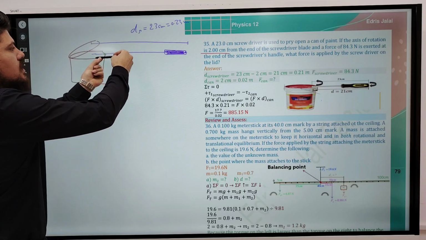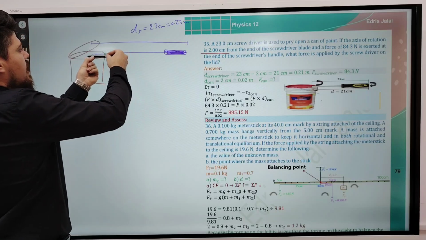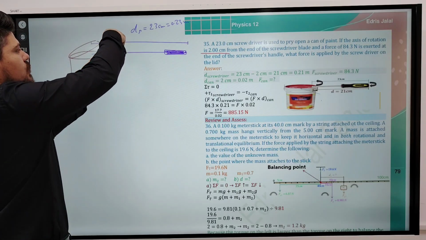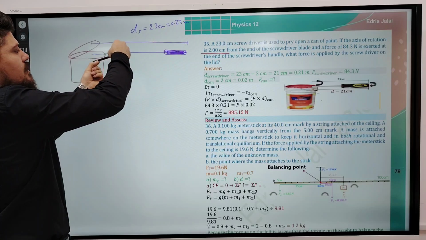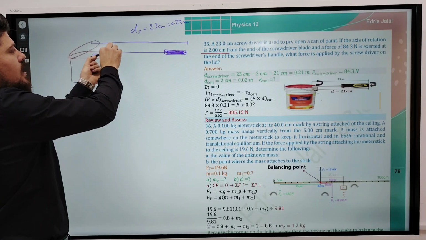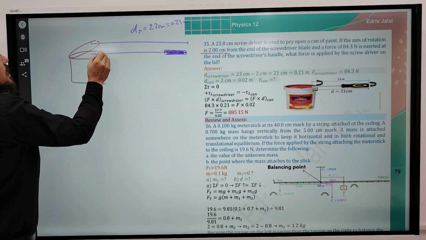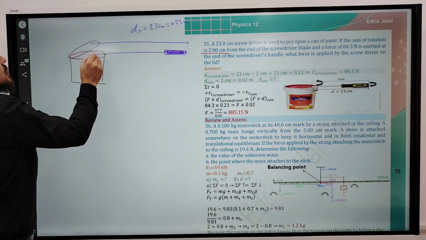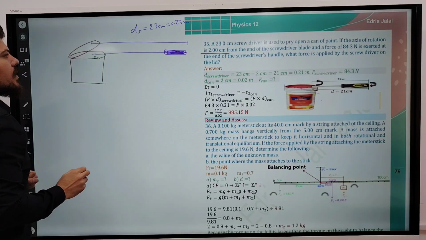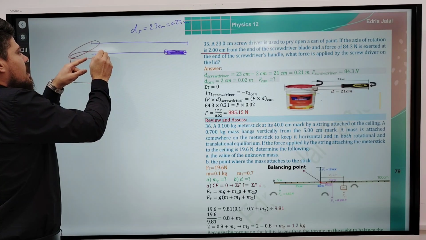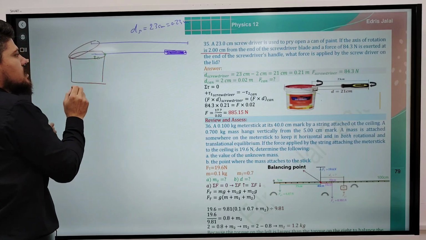If you put the screwdriver into the can of paint to pry it open, you have to apply force to the end of the screwdriver, and this point becomes the axis. So the distance from this end to the axis of rotation is 2 centimeters.